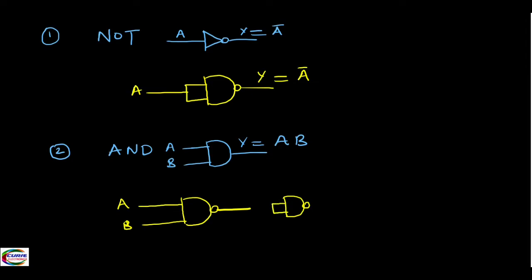So what I do, I will take one more NAND gate and short the inputs. Now here the output equal to A and B. Y equal to A and B.